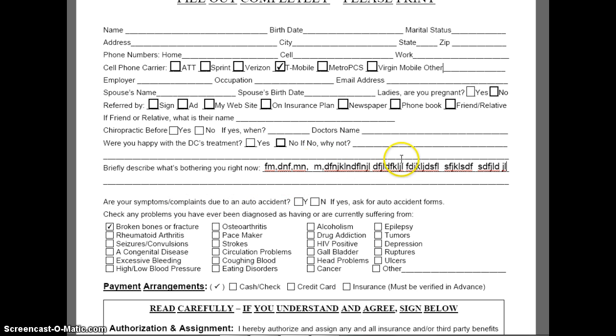Can it be set so once it reaches the end of this line, it wraps to the next line rather than the size of the print becoming much smaller? Is that possible? I'm sure it is for somebody of your caliber. Okay, next question.